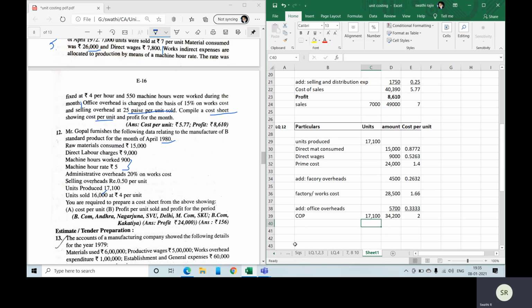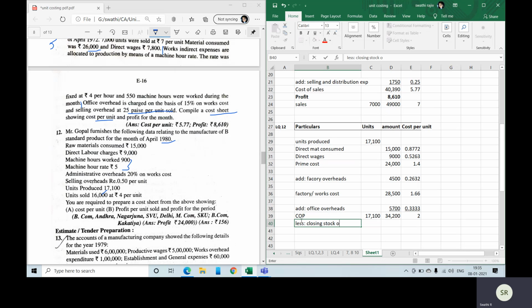Now, if you remember the last question also, along with COP, once you reach cost of production, you have to check for closing stock, opening stock of finished goods, anything like that. We don't have opening stock here, but with this difference, we know that there is some stock that we have not sold, which will ideally become our closing stock.